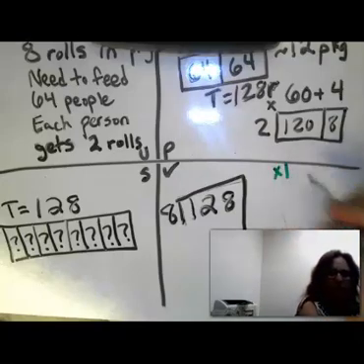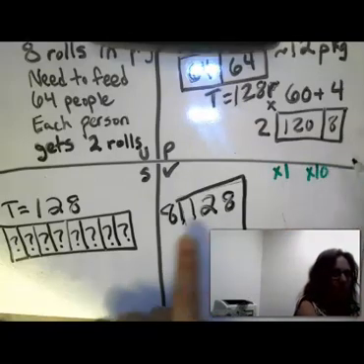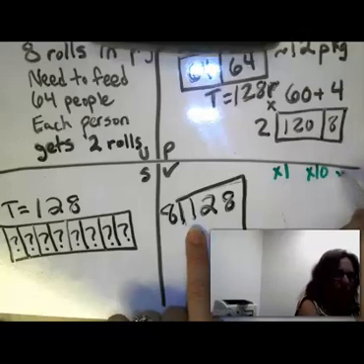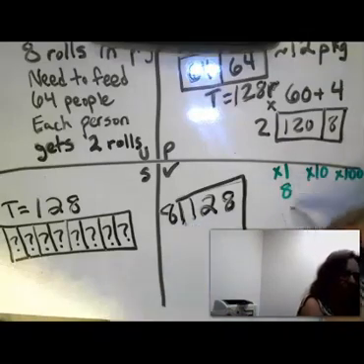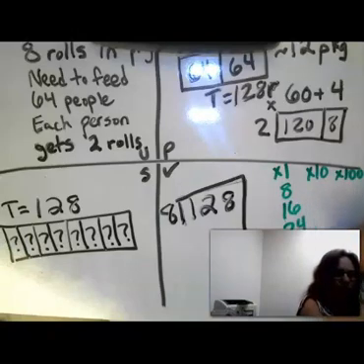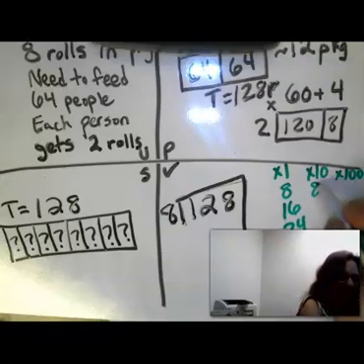Now we're going to have 80, 160, 240, 320, and 400. And then next over here we're going to have 800. That's really all we need for that one. It's too big.